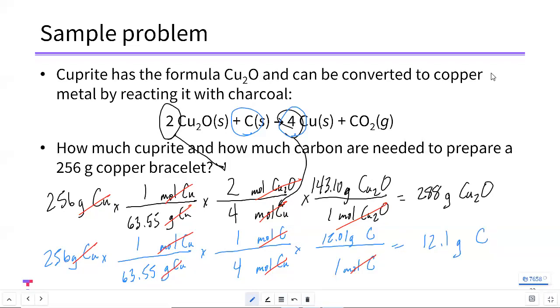And the closest thing that you had was in module 2, there were a couple of times where we asked you how many atoms of carbon are in this sample of carbon dioxide, where you had to take the carbon dioxide, turn it into carbon, and then turn it into particles. That's the closest thing that we had, where we had to use the chemical formula to link together the molecule to the atom. This is kind of similar. We're using the balanced chemical equation to link two substances together.